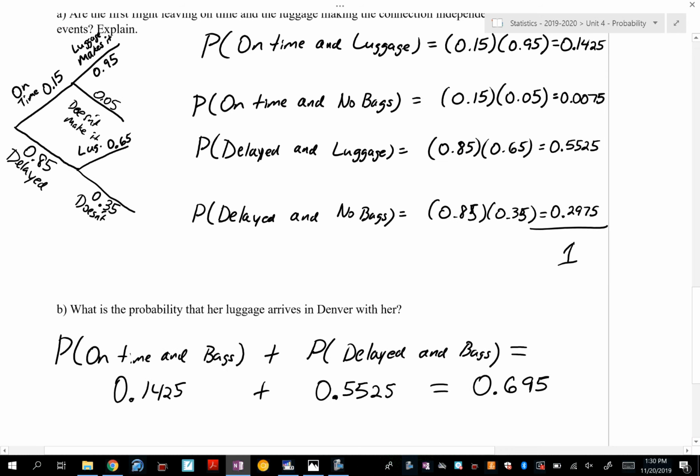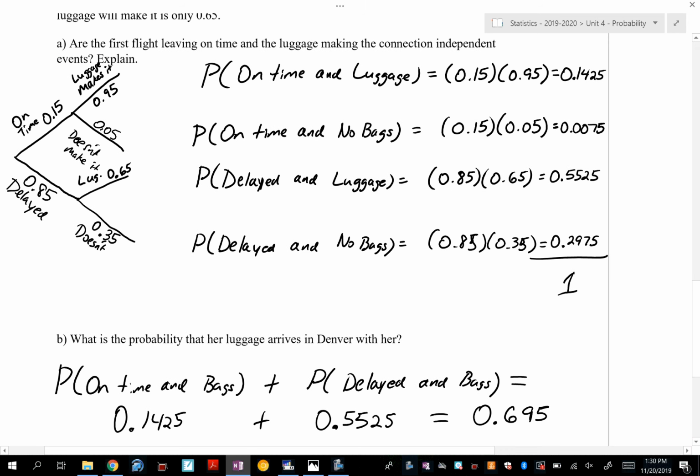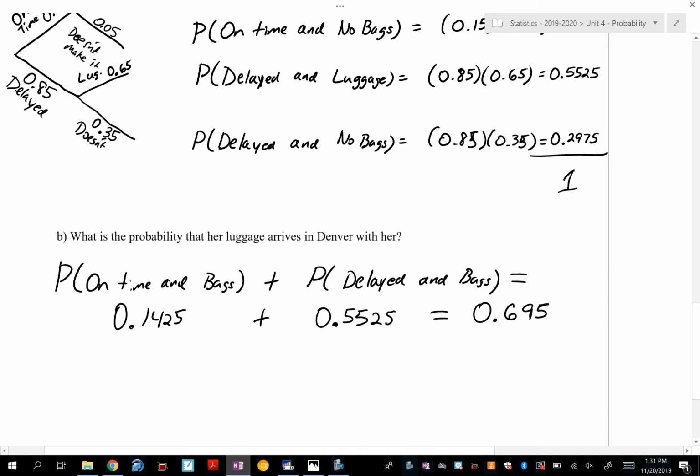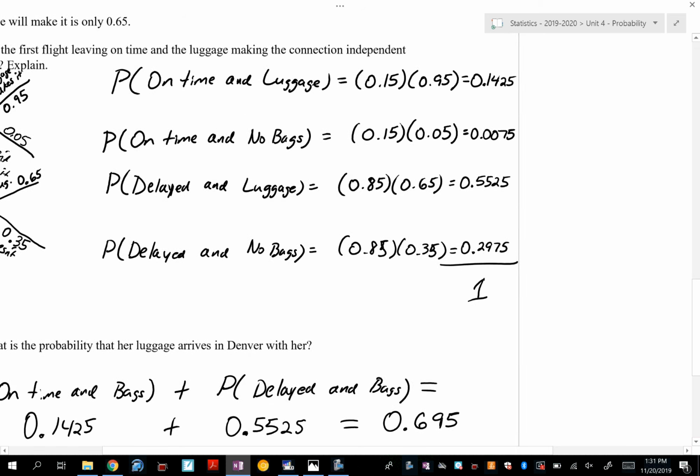Okay. Let's do A. Or let me actually pause. Is everybody okay with B before I move on? If you're not, what's wrong? What don't you understand? Do you understand how to get all of these probabilities in the tree?